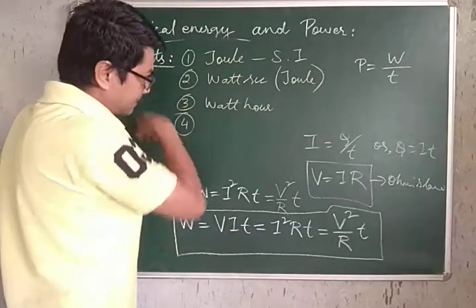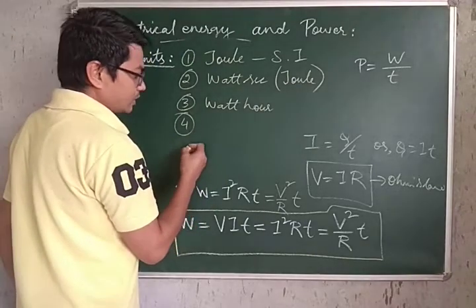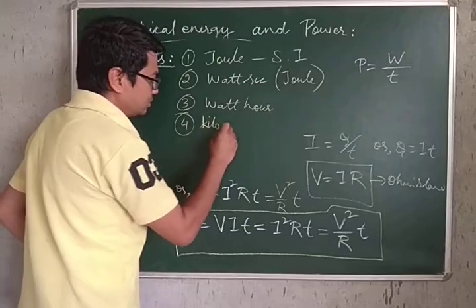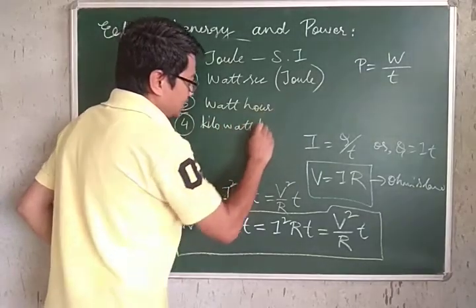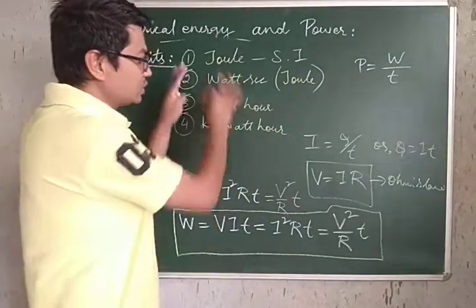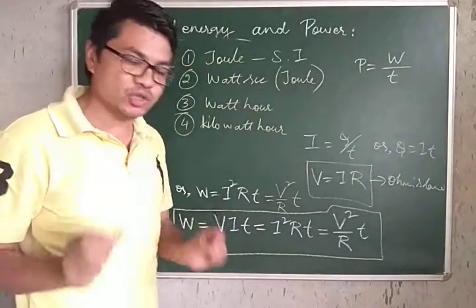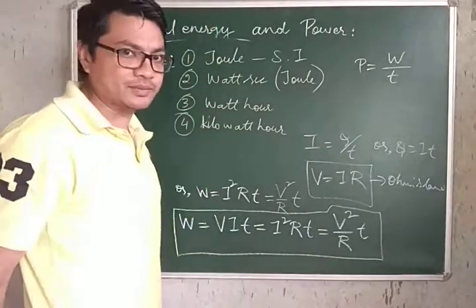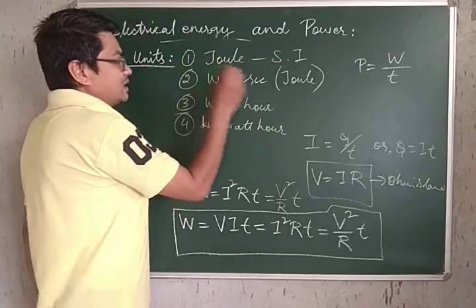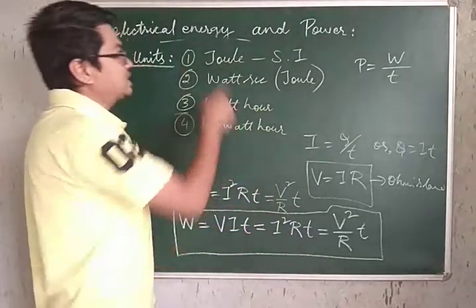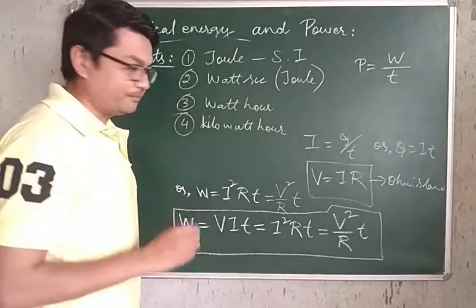Fourth is your kilowatt hour. What I'm writing here, I'm basically writing the units for electrical energy. Although work and electrical energy are one and the same, these units are spoken about with regard to electrical energy.